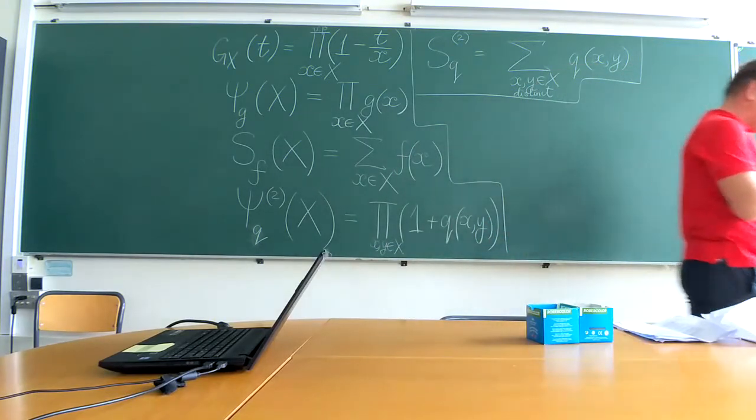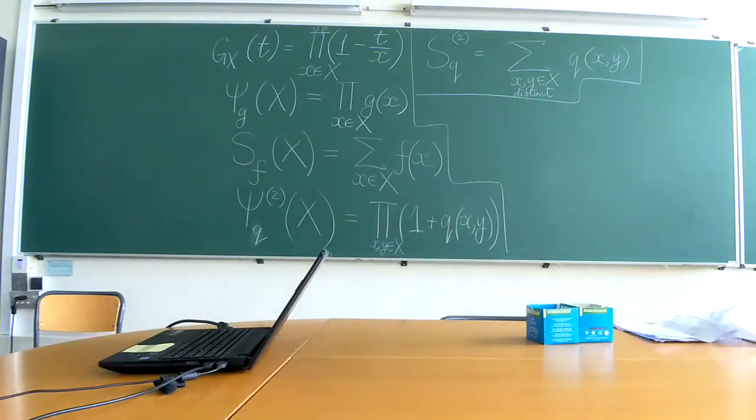Just a question. The big X was the space of eigenvalues, isn't it?